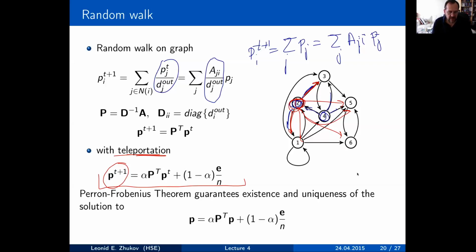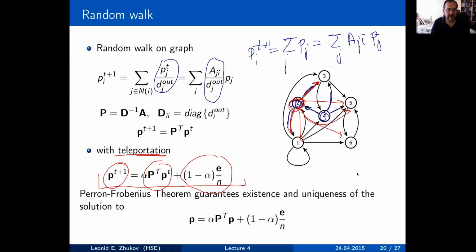It actually now has two components in the formula. One is the probability to get on that node from the nearest neighbors by the random walk step. And the second one is the probability to land there based on teleportation.